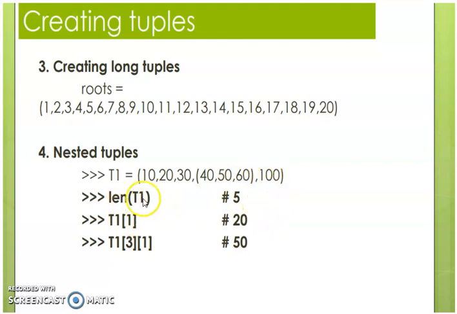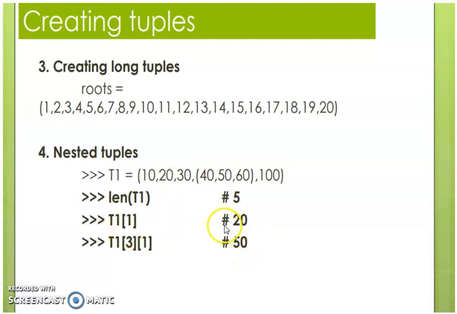Then len of T1, that is the length of tuple T1, is equal to 5. That means 1, 2, 3, then this tuple together is considered as a single element. So 1, 2, 3, 4, 5. So the length of this tuple is 5. Then T1 of 1. T1 is the name of a tuple, then the first element is 20.